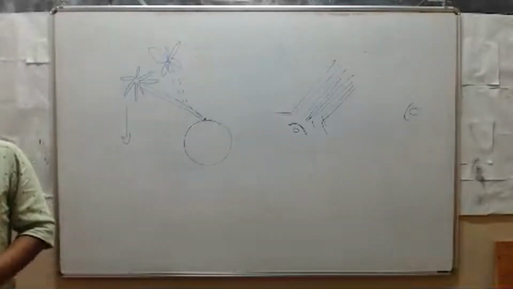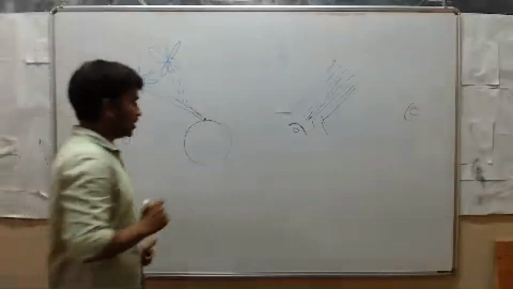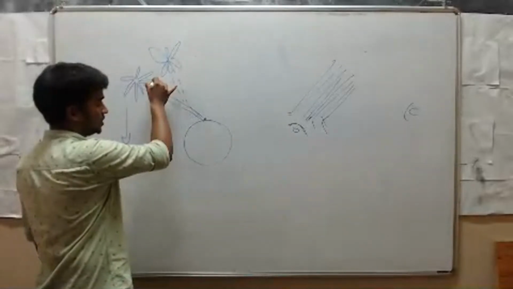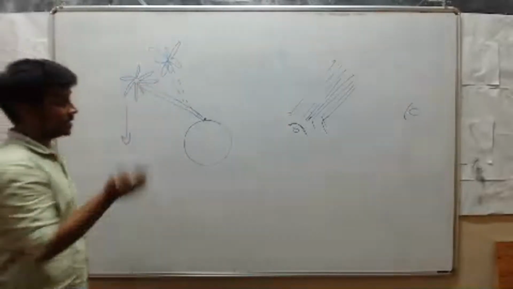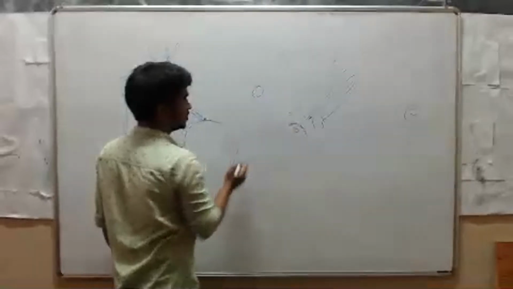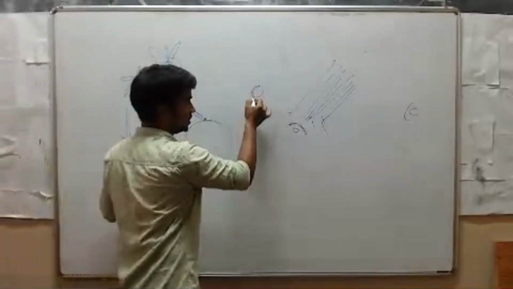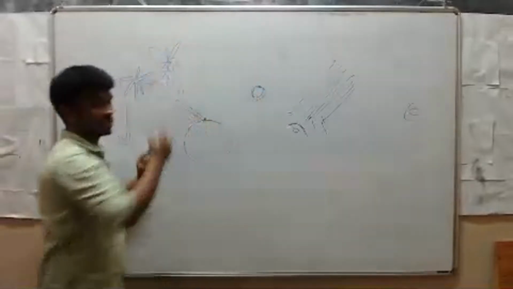Then, why don't the planets twinkle? See, the distance between Earth and stars is huge. The distance between Earth and planets is very less. For us, the size of these planets looks bigger than these stars.